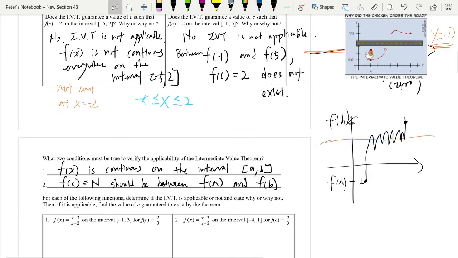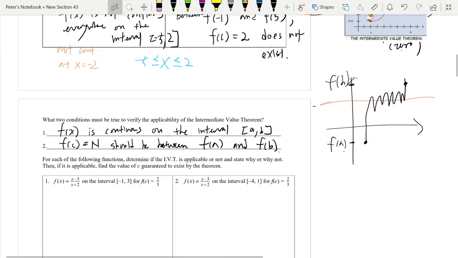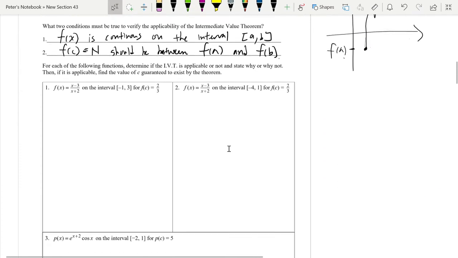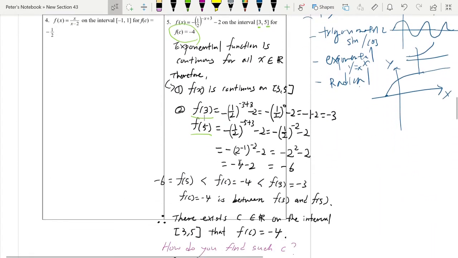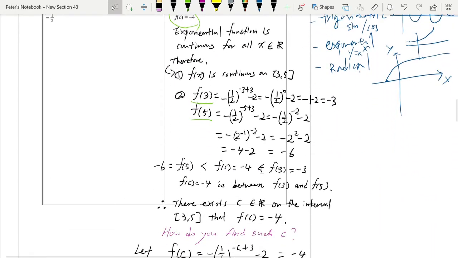Did I write it down over here? Yeah. Right, f of c equals n should be between f of a and f of b. So when I find it, I'm not going to go over the whole calculation here, but it's negative times half to the 0 power. So that gives you negative 1. And then you subtract 2, so you get negative 3 there.